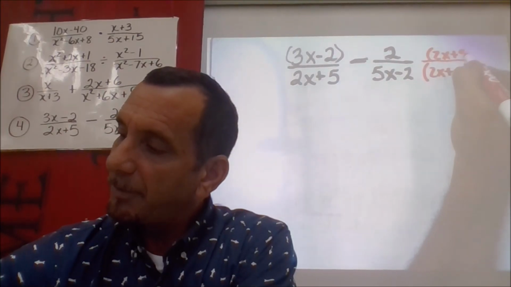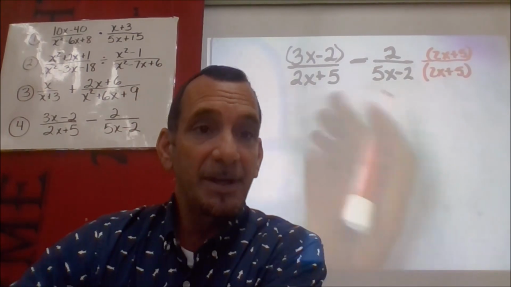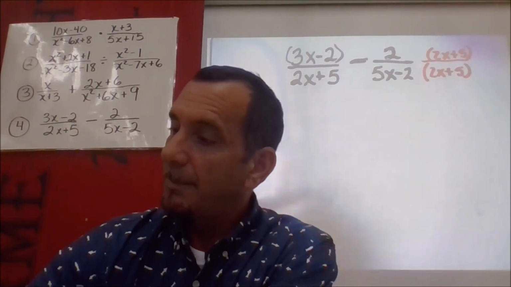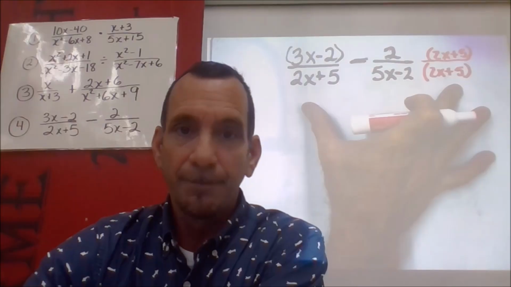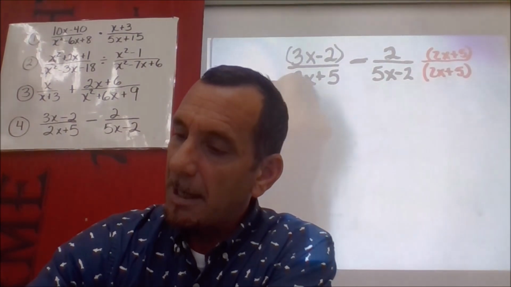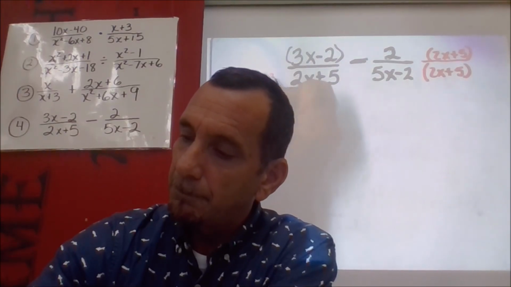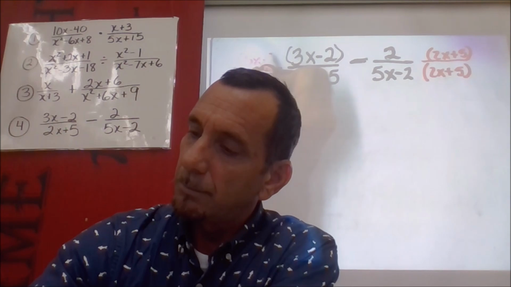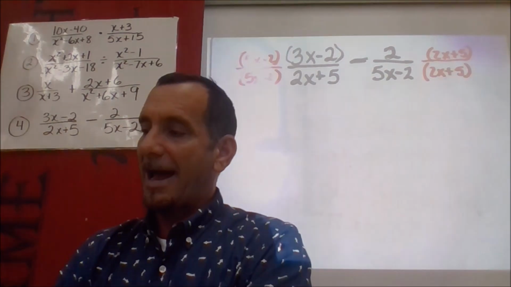Remember, if I multiply by the denominator to keep the integrity of the problem, we have to multiply the numerator by the same expression. We're just setting up the problem now. And there we have it.